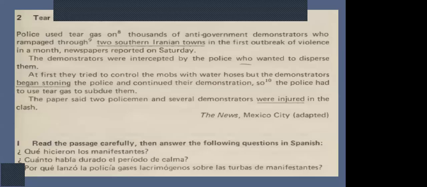In Spanish it's a little bit weird, different from English. In English it's much more used, also in written text, but not in Spanish. So, like, "the demonstrators were intercepted by the police who wanted to disperse them" sounds very weird in Spanish. That's why I tried to change a little bit into the active voice.